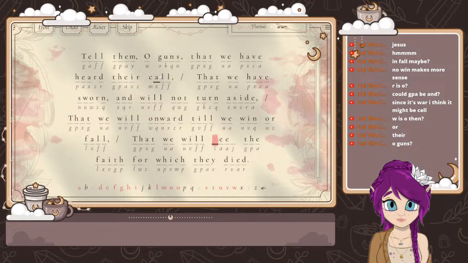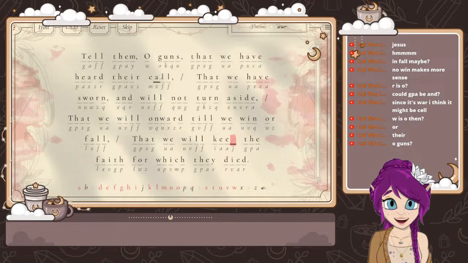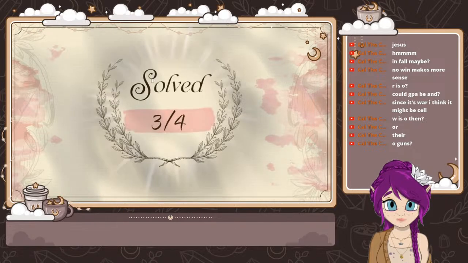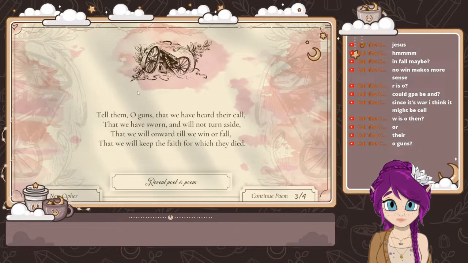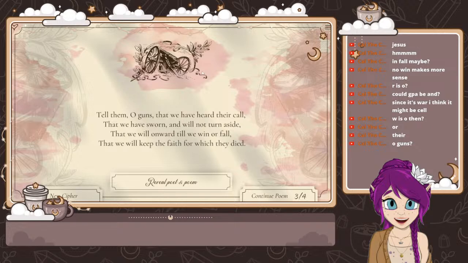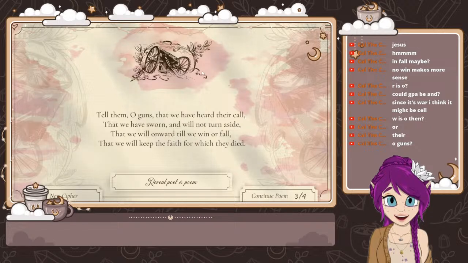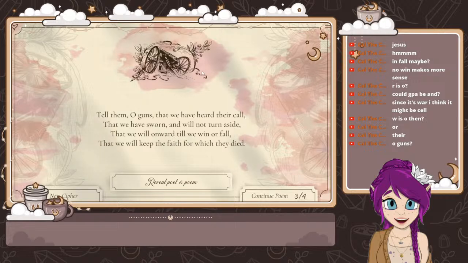No. Keep. Jeez. Tell them, O guns, that we have heard their call, that we have sworn and will not turn aside, that we will onward till we win or fall, that we will keep their fate for which they died.